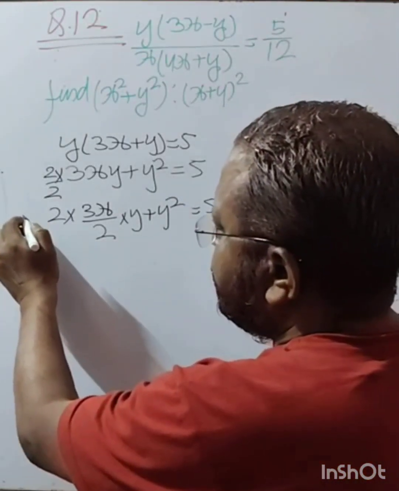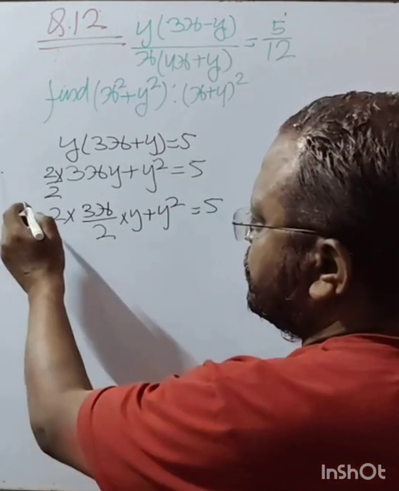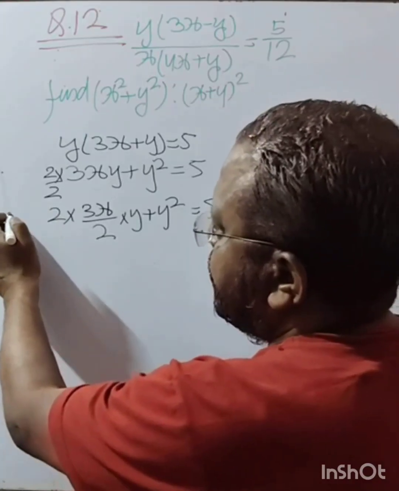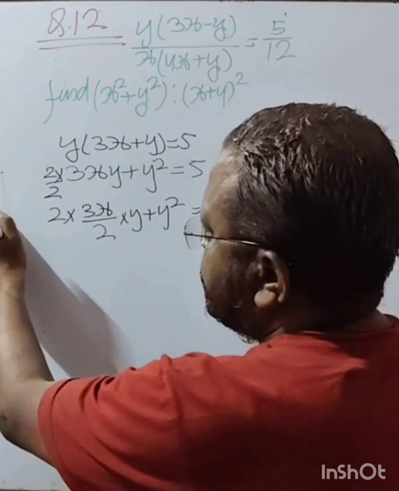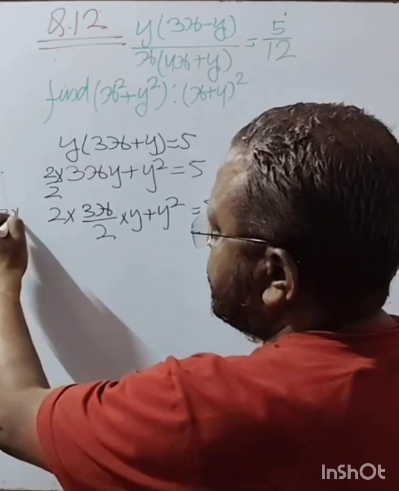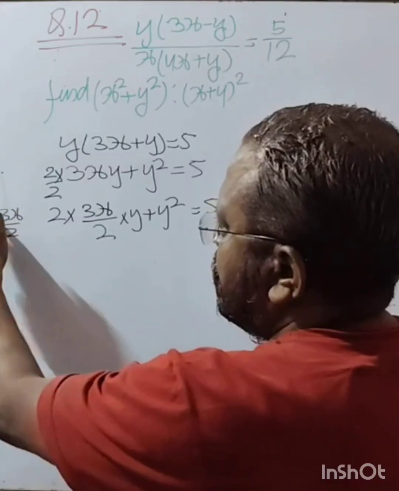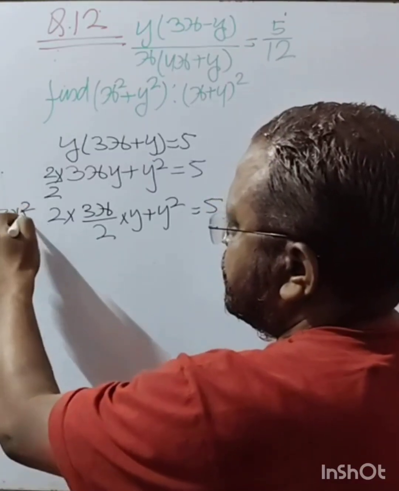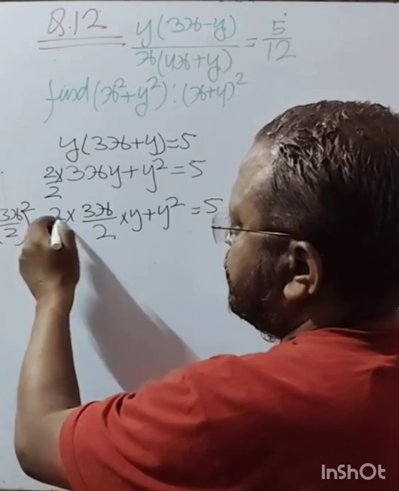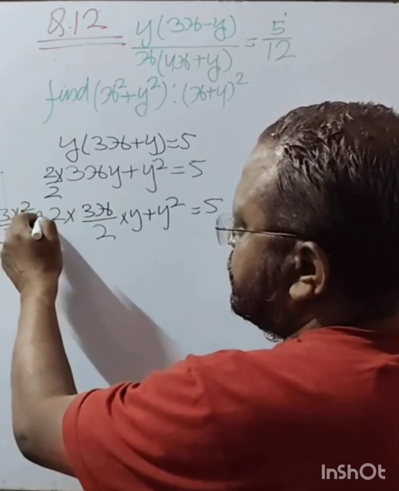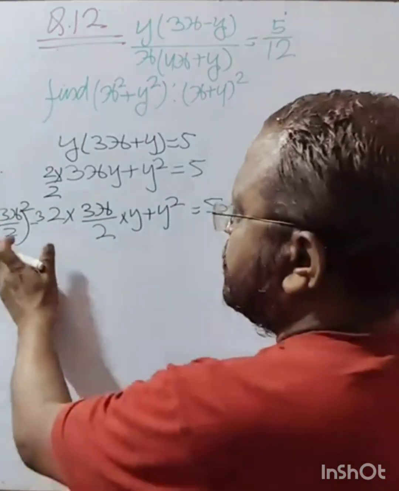Now, if you add and subtract both, if you add (3x upon 2) whole square, so framed.